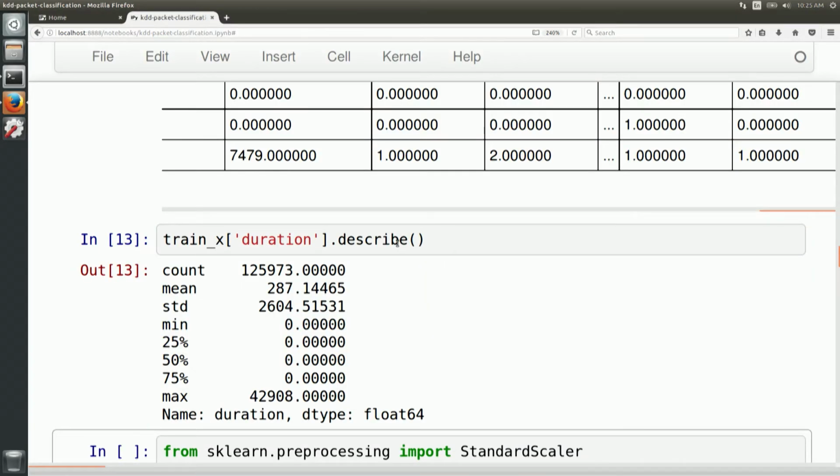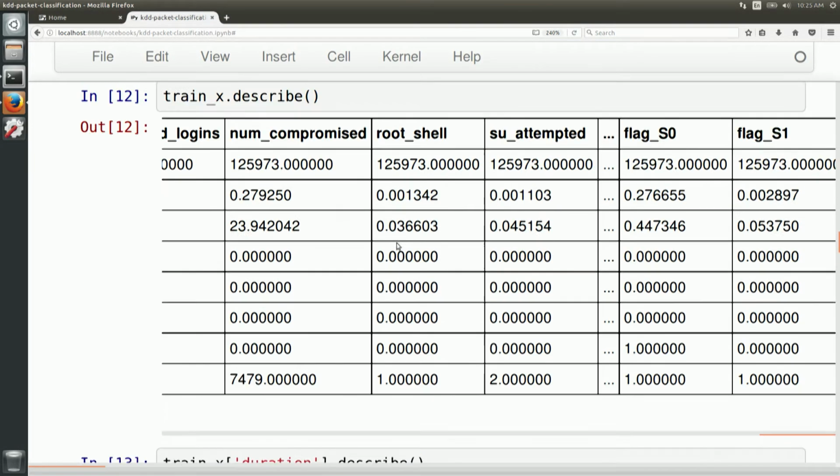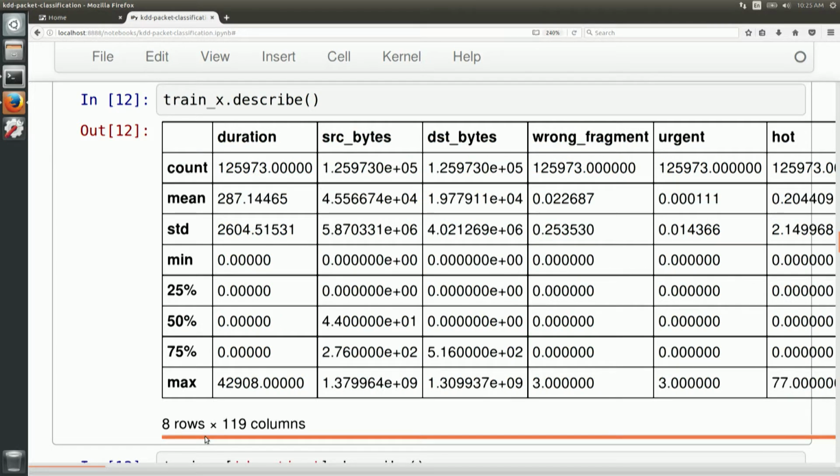Something interesting that you see is that there are very different ranges of values for different features. For example, in duration and source bytes, the mean here is 287, whereas the mean here is 4.5 times 10 to the power of 4. And wrong fragment is 0.02.